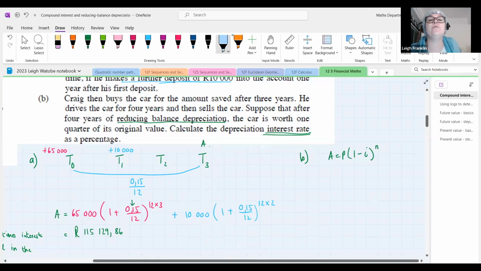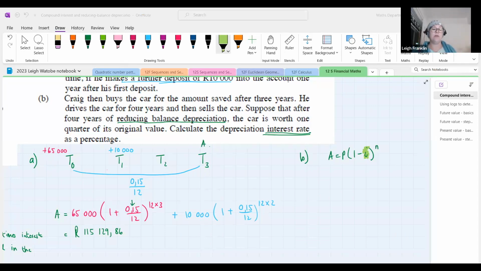We are solving for the i, exactly. So if we are asked to solve for the i, that means that we need the others. We've got to have the A, we've got to have the P, and we've got to have the n, okay? Because we can only solve for one unknown in an equation, right?